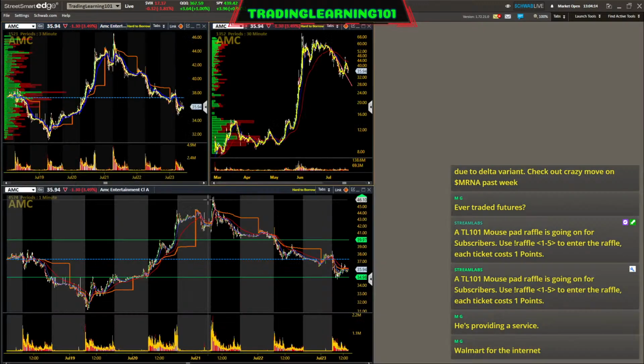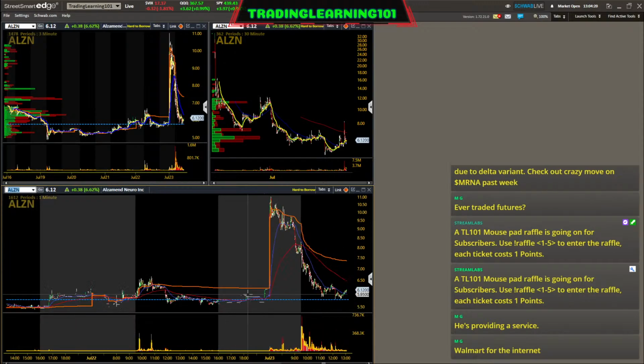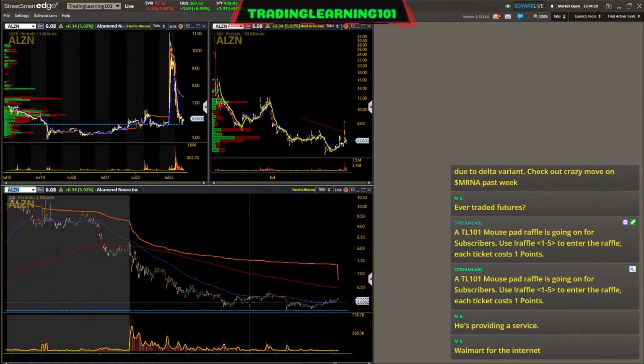Real quickly, let's pull up ALZN. This thing just got completely hammered today. Look at that. From $11 all the way down to $6. ALZN's looking primed for a bounce.